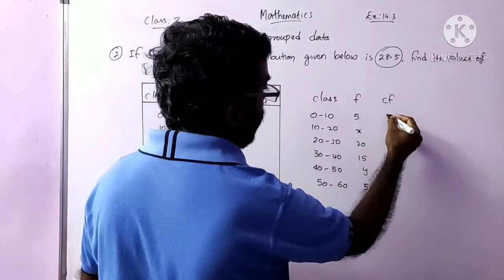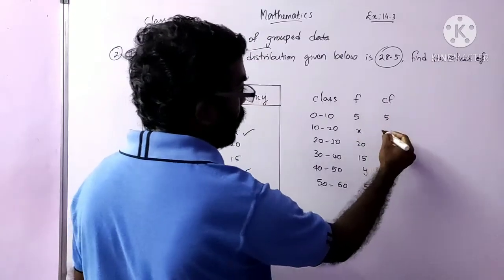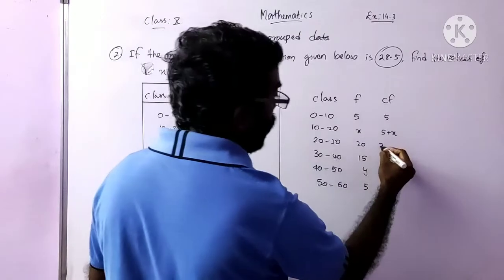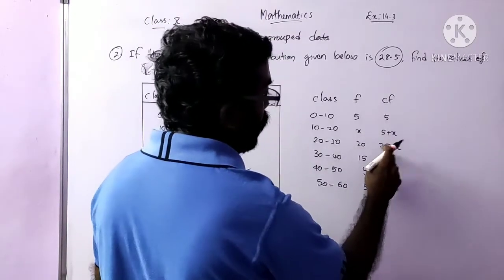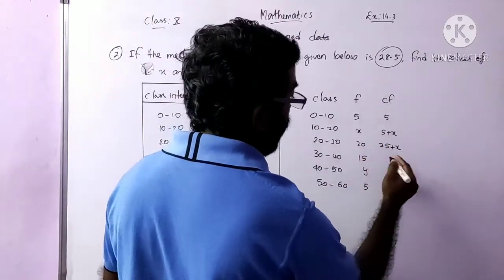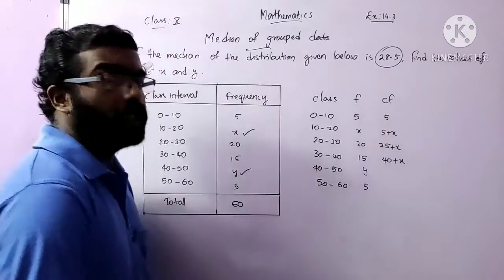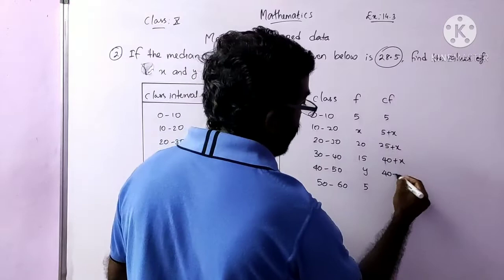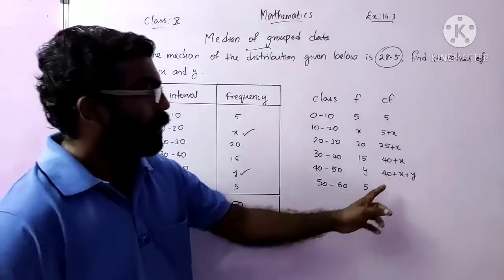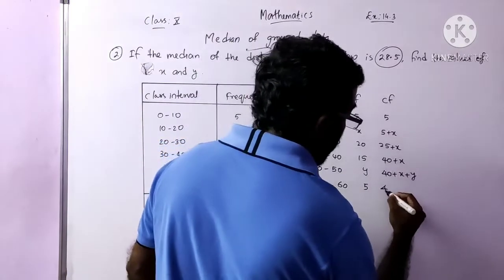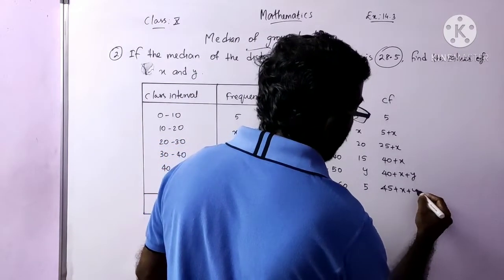Cumulative frequency, first we write 5, then 5 plus x. 5 plus x plus 20, that is 25 plus x. 25 plus x plus 15, 40 plus x. Then 40 plus x plus y, that we write as it is. Then 40 plus x plus y plus 5, that is 45 plus x plus y.